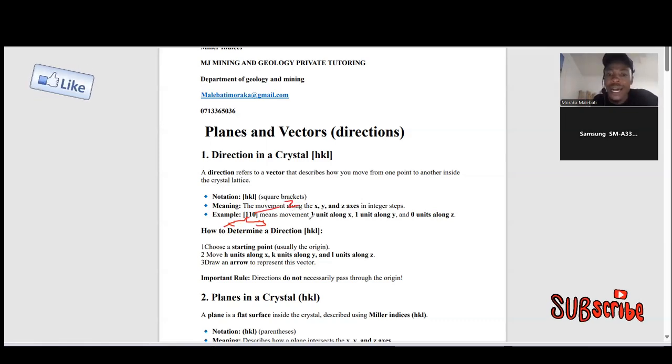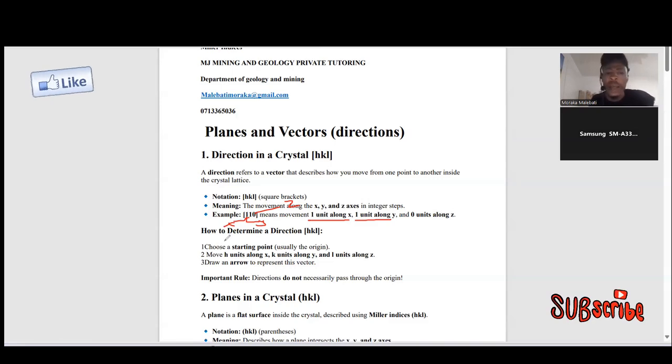So it means you are shifting one unit along the x, then one unit along the y, from zero as the frame of reference. And then zero means zero units along the z-axis. It means you're not shifting.